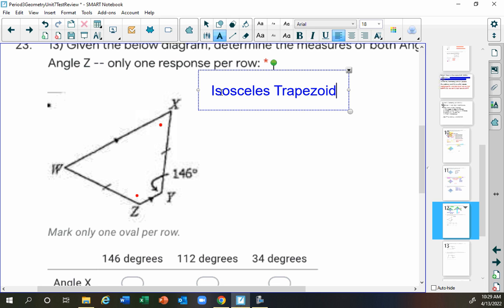Two things. Well, a couple things I should say. The angles. All right, I got an idea.